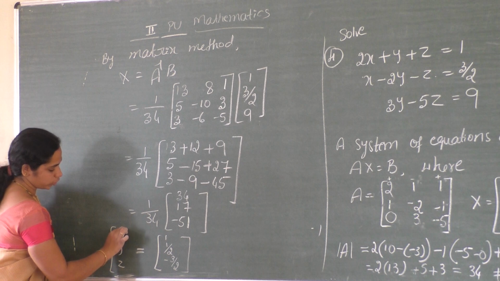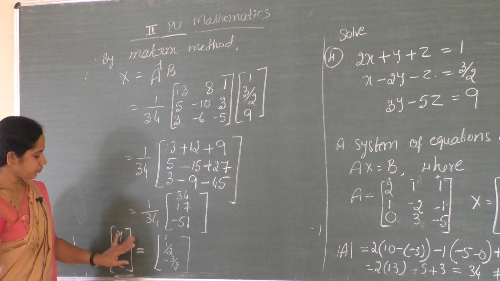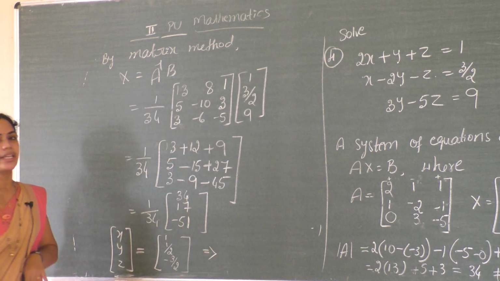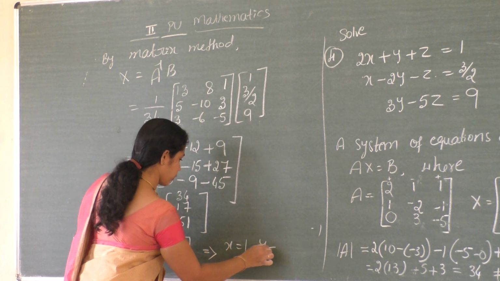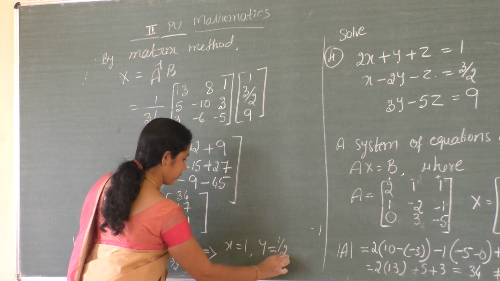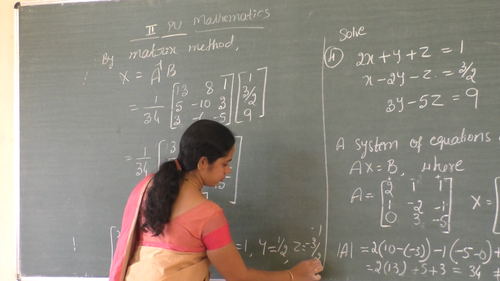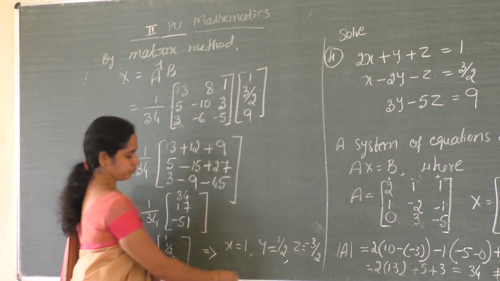These are the unknown values x, y, z. So two matrices are equal, then their corresponding elements are equal. So this implies x equal to 1, y equal to 1 by 2 and z is equal to minus 3 by 2.